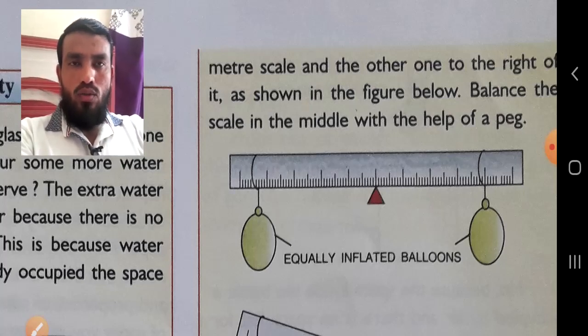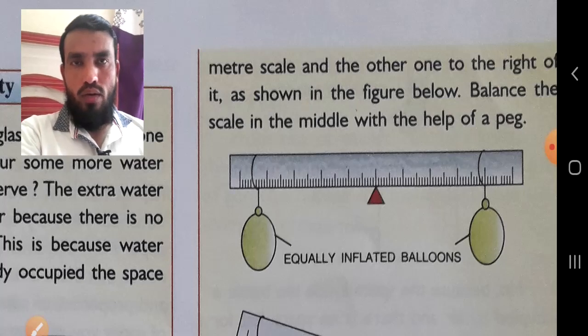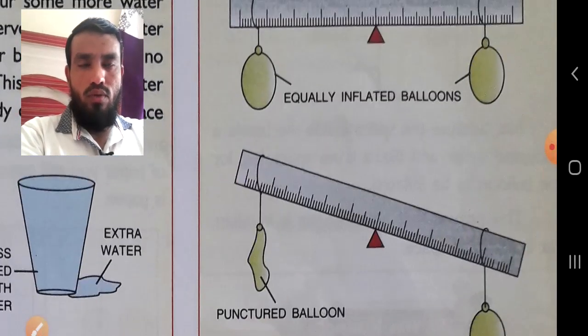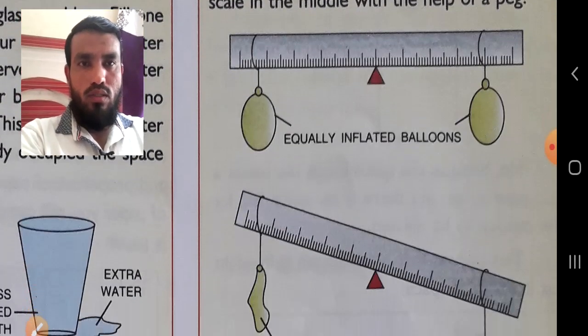So air also has mass, it proves, right, because both the balloons have the same amount of air, that is why the needle stops in the middle. So air has mass, that is why it has such weight, and it is holding in the middle.